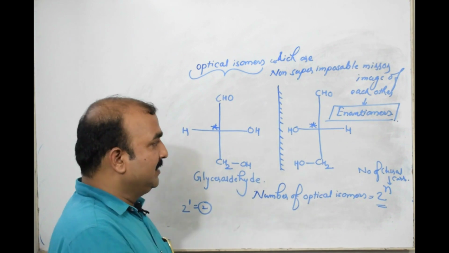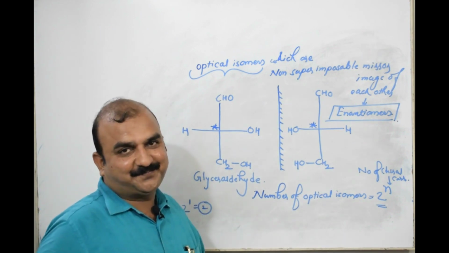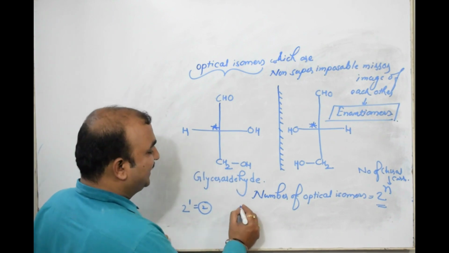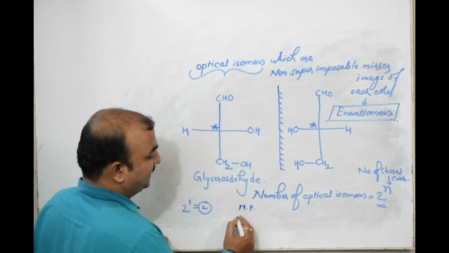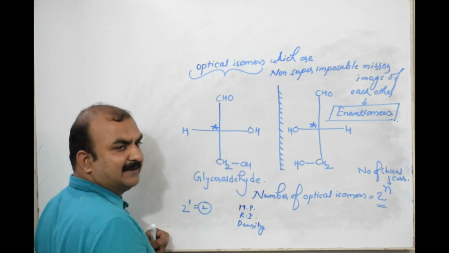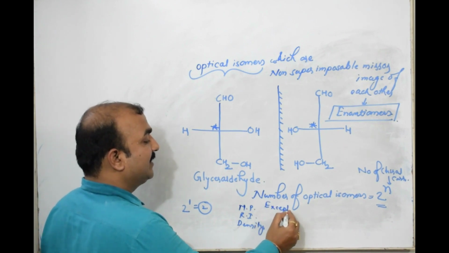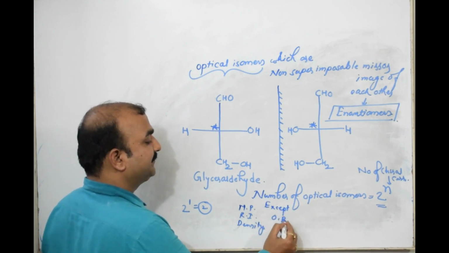Now, enantiomers, as they have the same structure, have the same melting point, the same refractive index, the same density, the same physical properties, except what? Optical rotation.